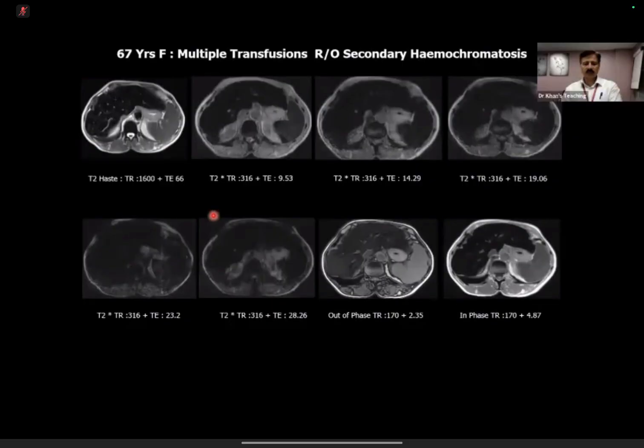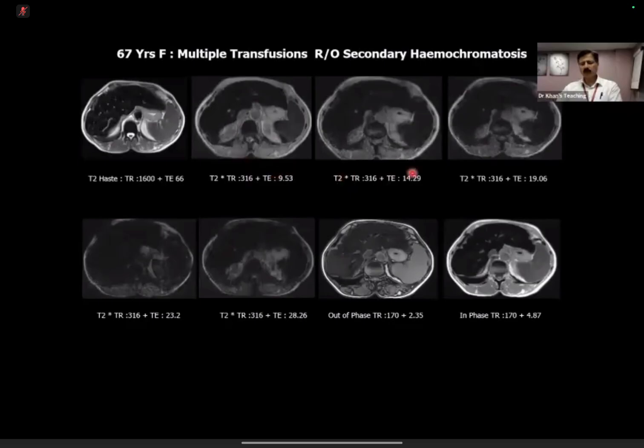Having said that, basically what we do is we do a T2-weighted sequence, then we do a gradient echo sequence. This is a protocol which is what I call the French protocol. They did a lot of work on this. In our department, we do various kinds of TRs and TEs.